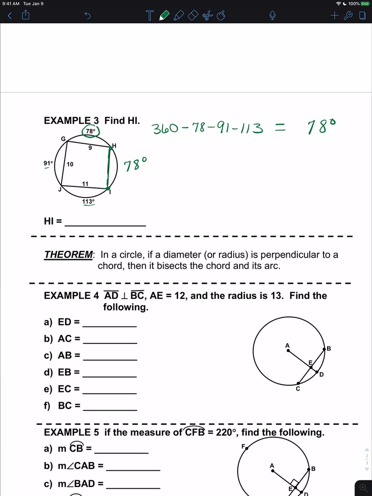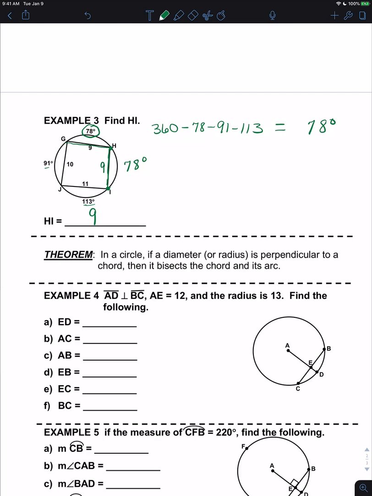So we've got a 78 degree arc here with this chord being 9, so therefore H to I, that chord also has to be 9. So if the lengths of the chords are the same, then the arc measures are the same, and the arc measure being the same means the chord lengths are also the same. That's just going to go back and forth.